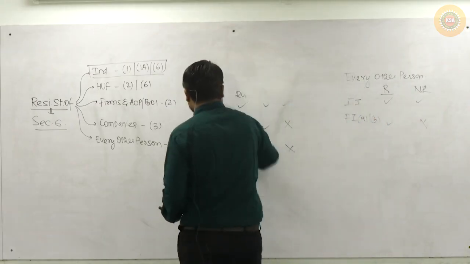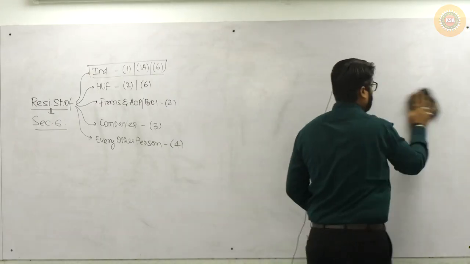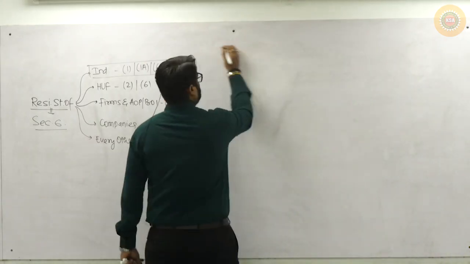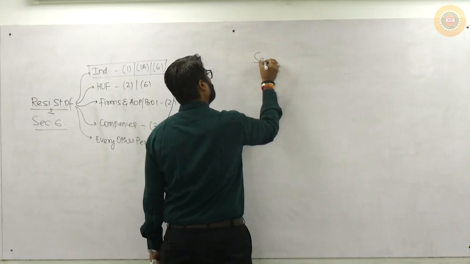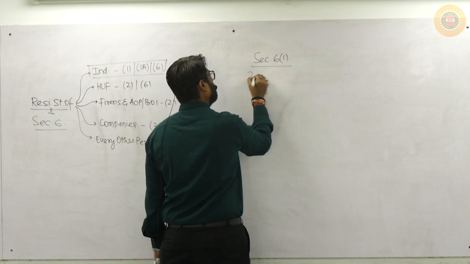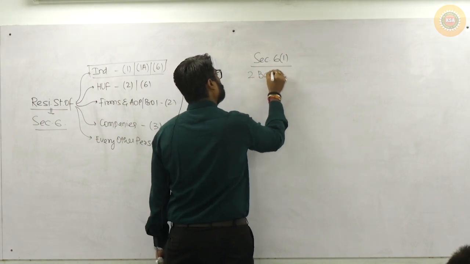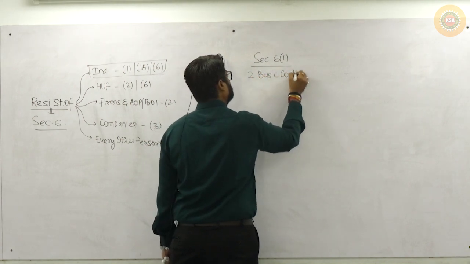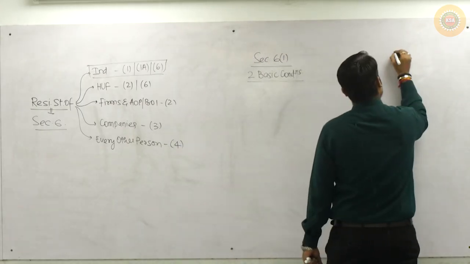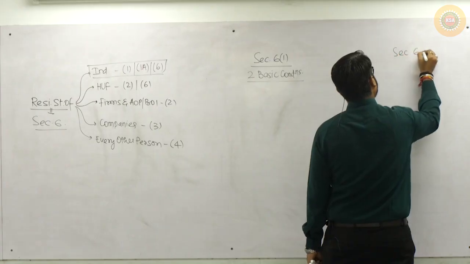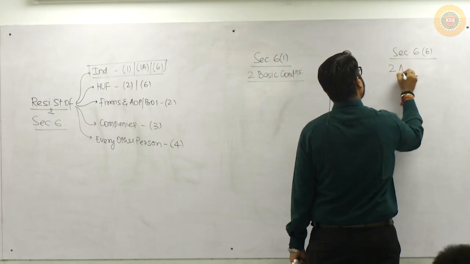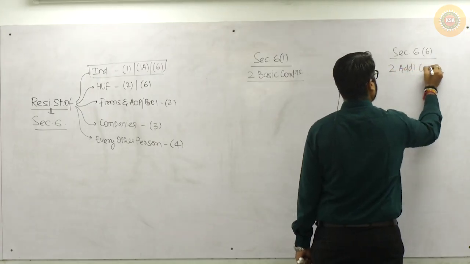Okay. Now, see, for residential status of an individual, we are supposed to see section 6(1), which talks about two basic conditions. Then under section 6, subsection 6, we are going to check two additional conditions.